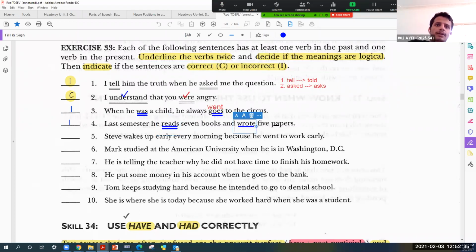It's incorrect because the key word, gentlemen, is last. It's a key word, right? So if you see that, then what should it be? How do I fix it? It should be read, past.